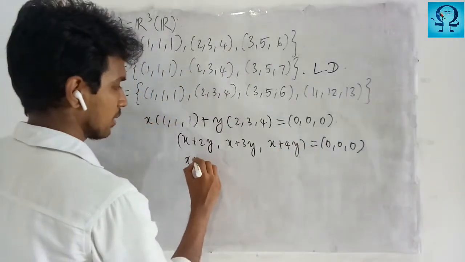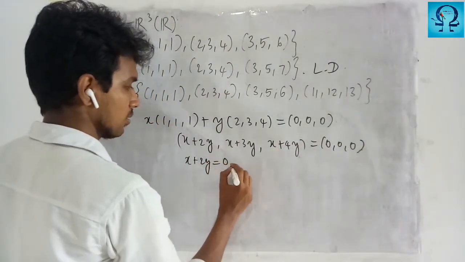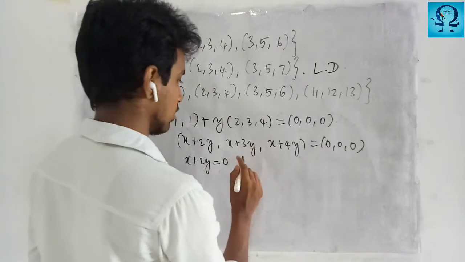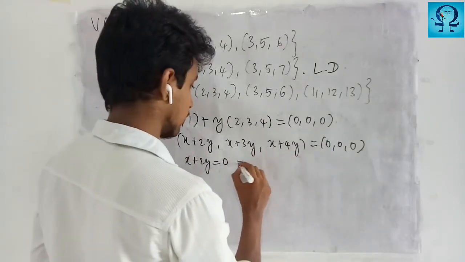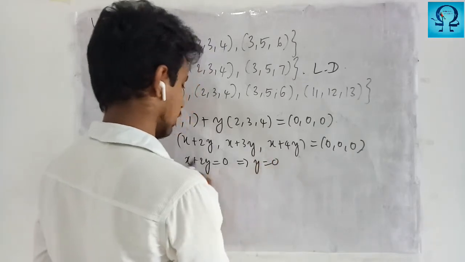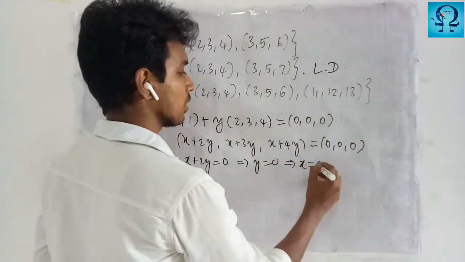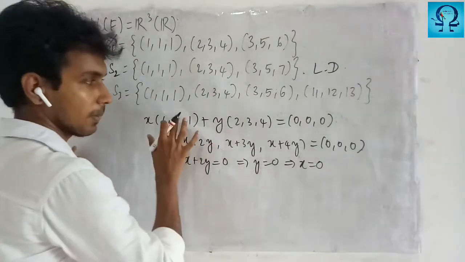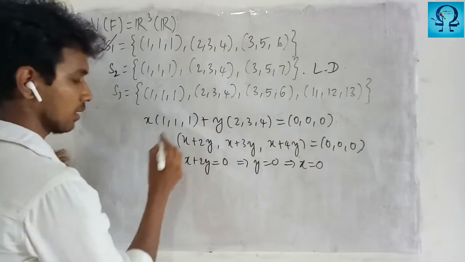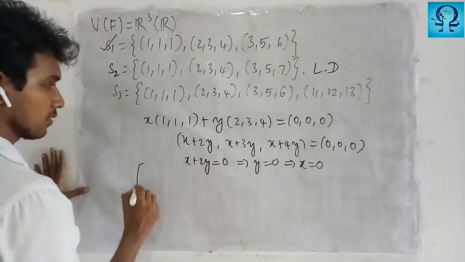So this implies x plus 2y is 0. When x plus 2y is 0, upon substitution in these two entries, it is going to give y is 0. If y is 0, this implies x is 0. Therefore, it is linearly independent.